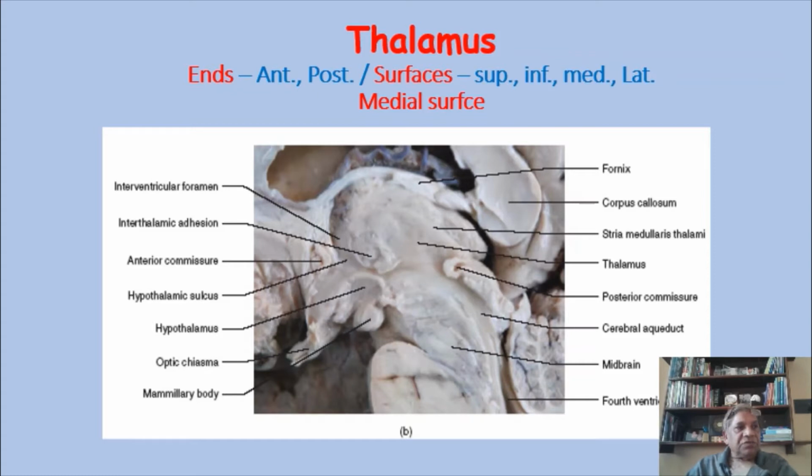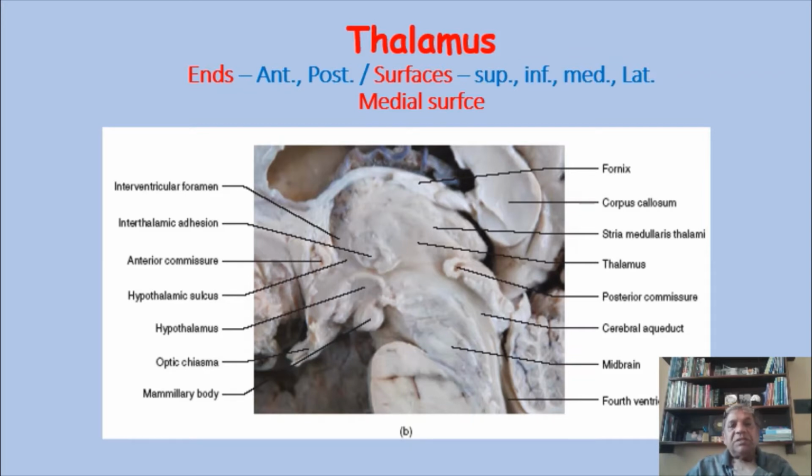Let us come to the surfaces. As I said, there are four surfaces. This one, which is seen in the mid-sagittal section of the cerebral hemisphere or brain here, is the medial surface of the thalamus, and this medial surface is lined by the ependyma.